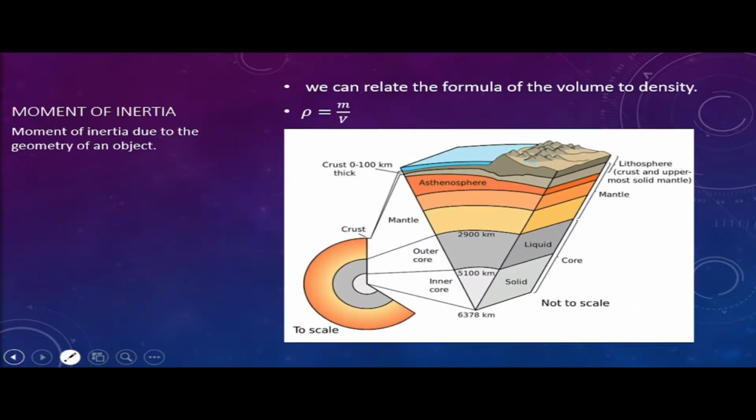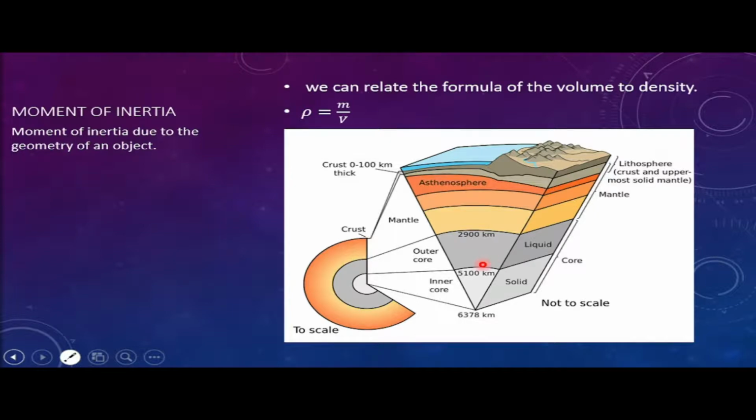Because we need to do that, we need to find the average density of the Earth, because the Earth is made of different layers and different materials. So we just have to find a density function that can model the density of the Earth, and then we are going to substitute it into our formula.